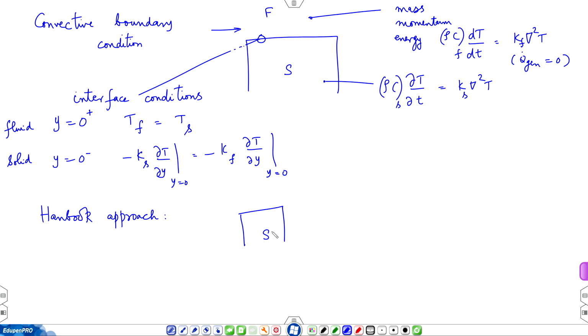So, between the two, solid and the fluid part of the governing equations is harder.